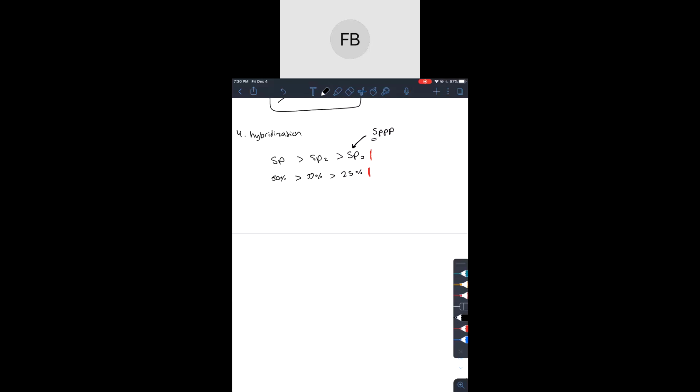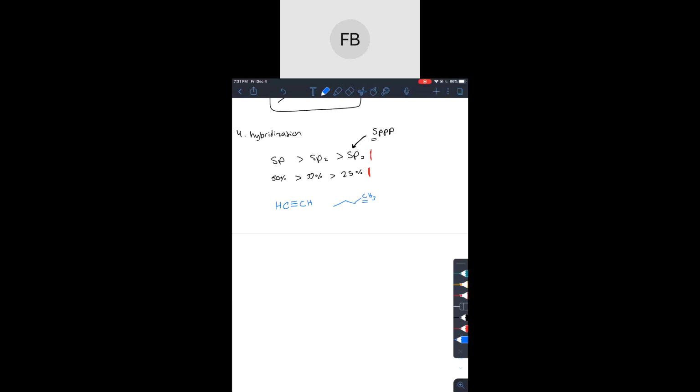Now an example of this might be something where we have, usually it's carbons we're talking about, this versus, I don't know, this.